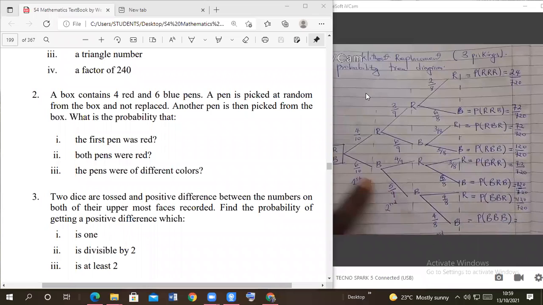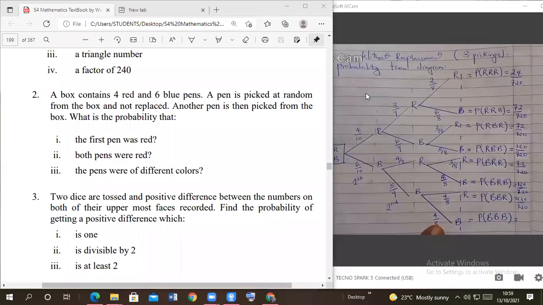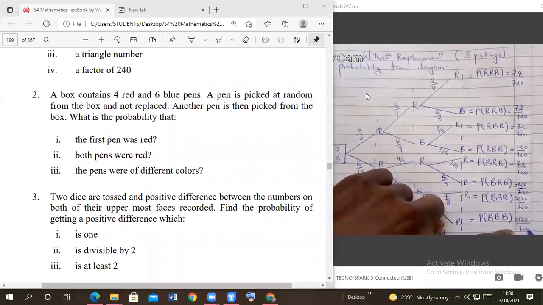Then 5 times 6 is 30, 30 times 4 is 120 out of 720.